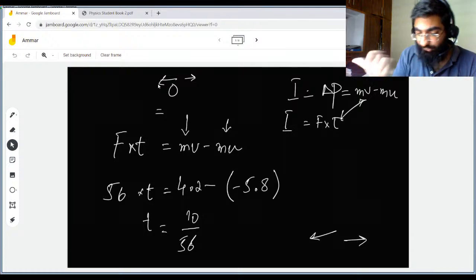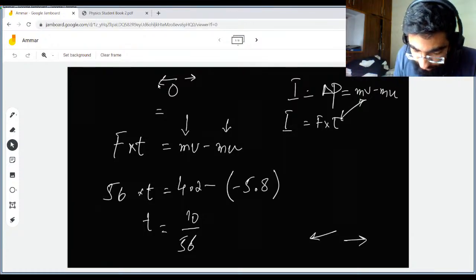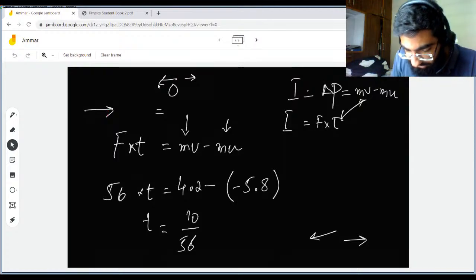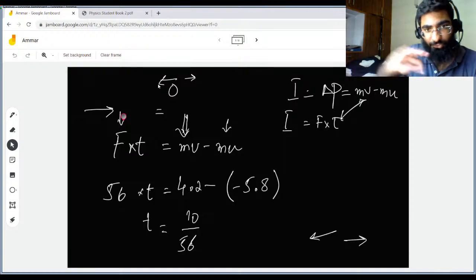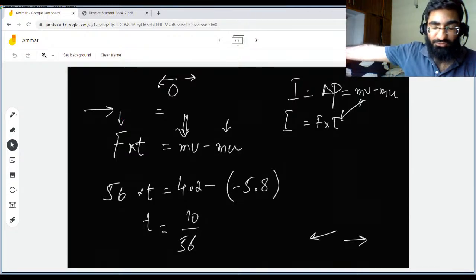No, I took towards the right hand side to be positive because force is also in this direction. So two quantities being towards the right hand side, I took mv and F both as positive.